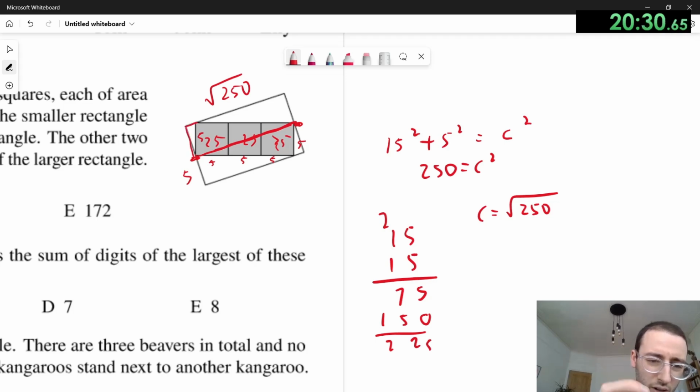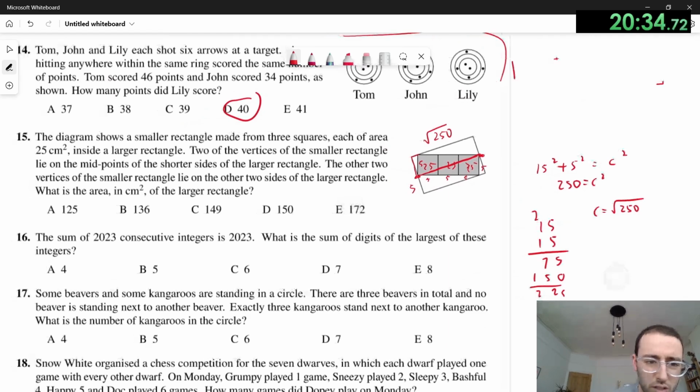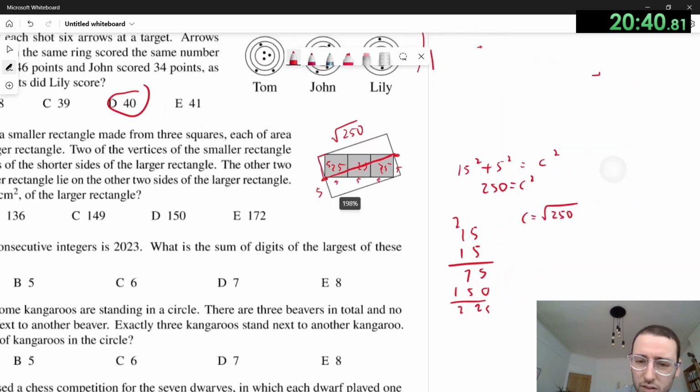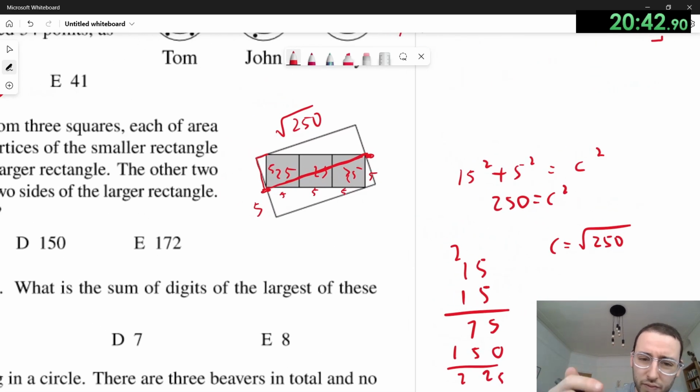Got these little bits. Am I missing some information? And then this length is A. This length is A. This length is C. I feel like this is something weird. B, A.